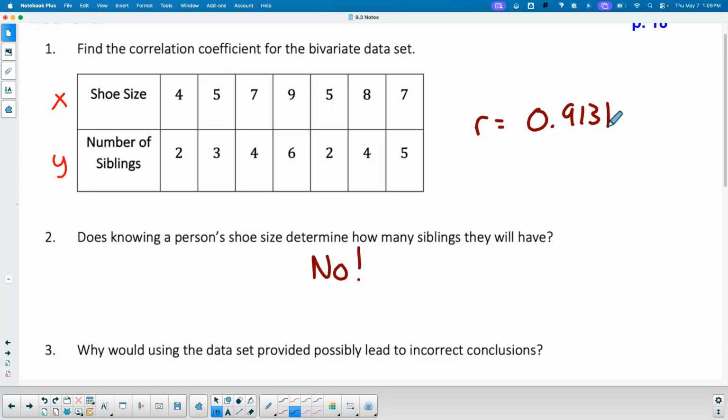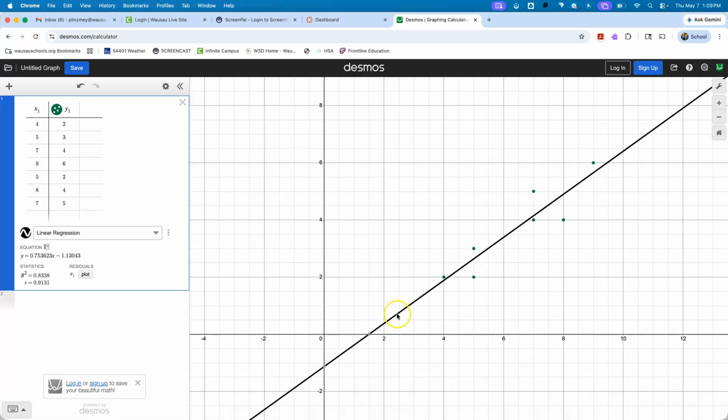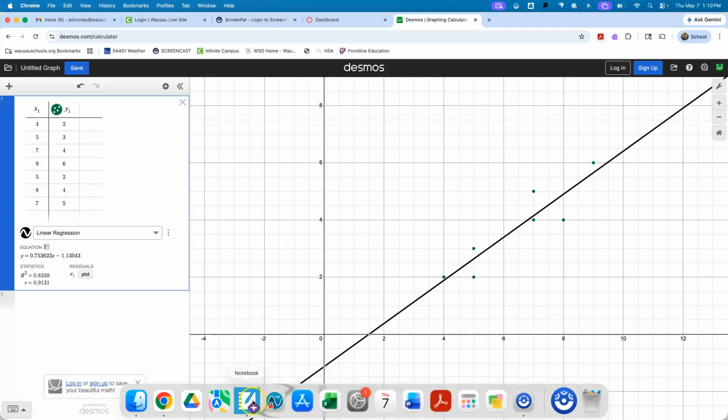According to our data and our linear regression model, I'm a 10.5 shoe, so my shoe size is 10.5, and I should have almost 7 siblings. I have 1. I actually just talked to her at lunch. So it doesn't give us the proper conclusions.